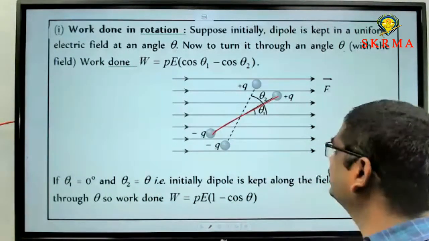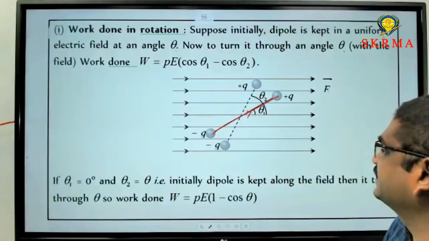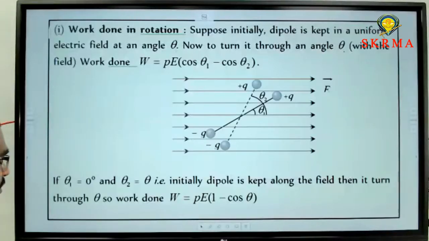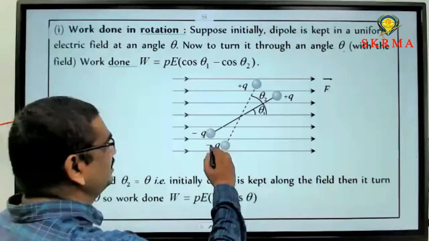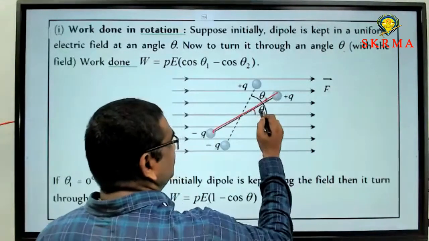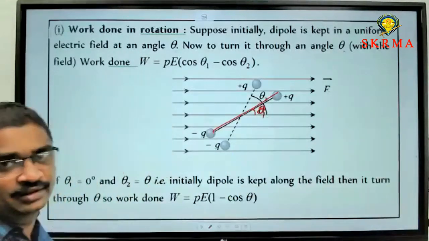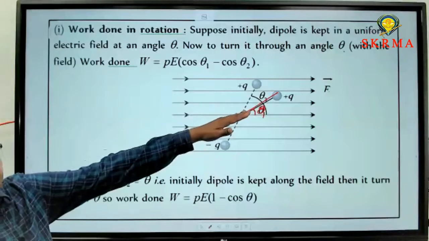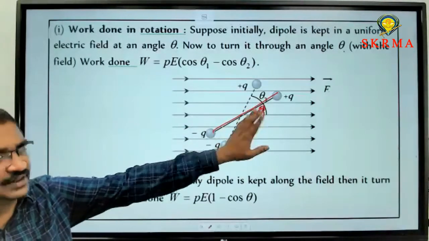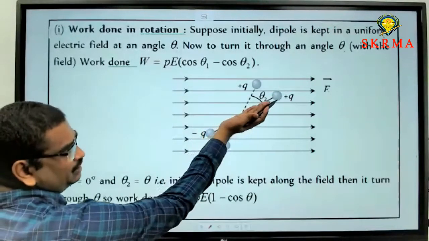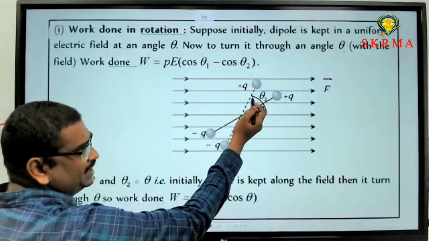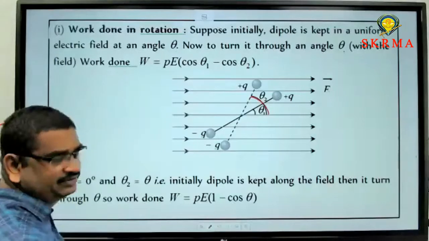Dipole moment is directed like this. Next, I want to rotate this dipole like this. Now it makes an angle theta 2 with the electric field.